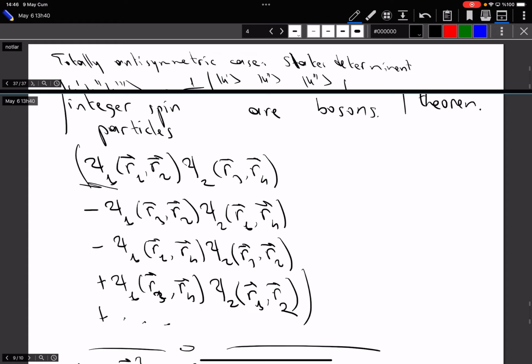Psi1 is one pair, psi2 is the other pair. If you look at these four terms only, if you exchange psi1 and psi2, that is, exchanging the pairs of electrons, it is symmetric. If you exchange any two electrons, it is antisymmetric. So you just have to add all the remaining terms also to make sure that it is antisymmetric under the exchange of any two electrons.